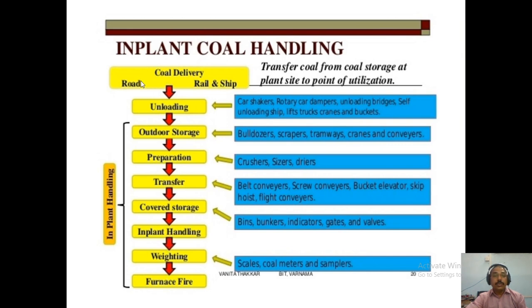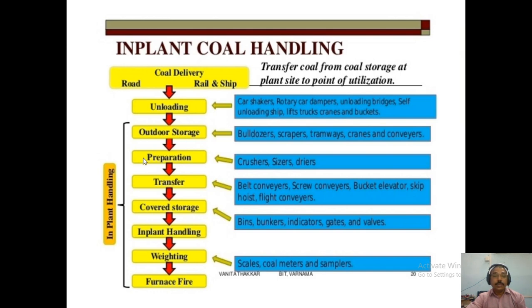Coal is delivered through roads, rails or ships. Then it is unloaded by using unloading systems such as cranes, lifts and trucks. It is stored in the outdoor storages.